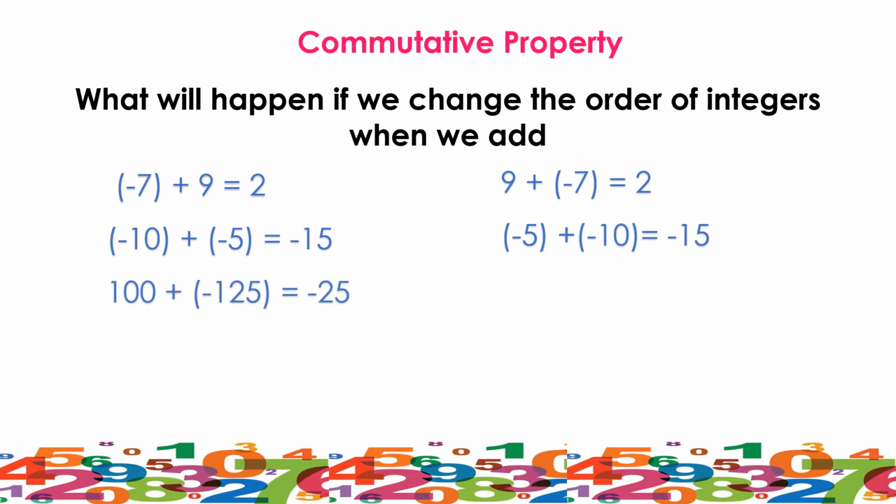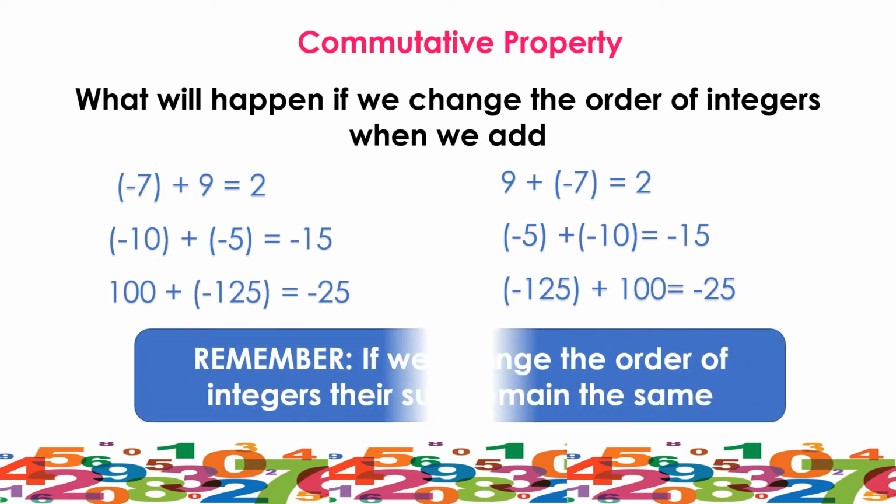Next, 100 plus negative 125 equals negative 25, which is the same as negative 125 plus 100 equals negative 25. Remember, if we change the order of integers, their sum remains the same.